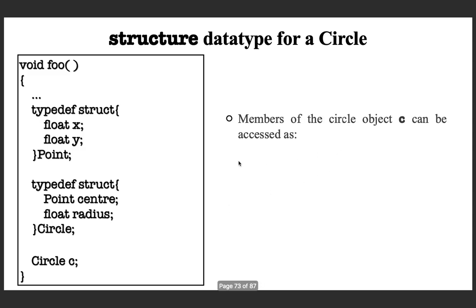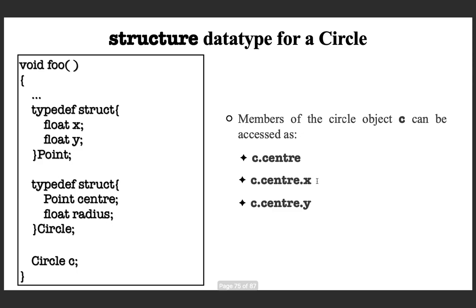Maybe we can see how we can access the members or fields of the variable c. The center, which is actually a point in two-dimensional space, can be accessed as c dot center, and we know that center itself is a structure.